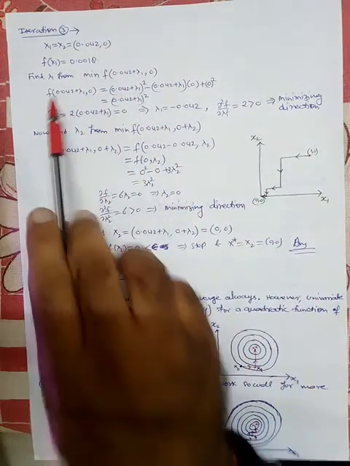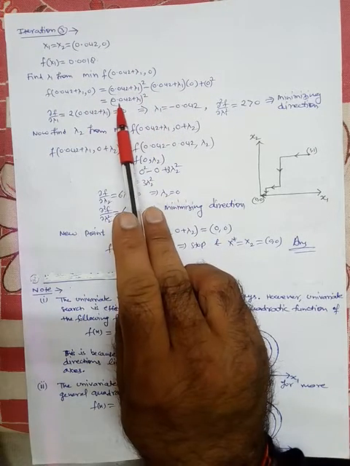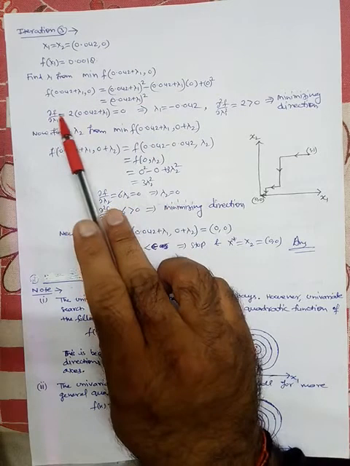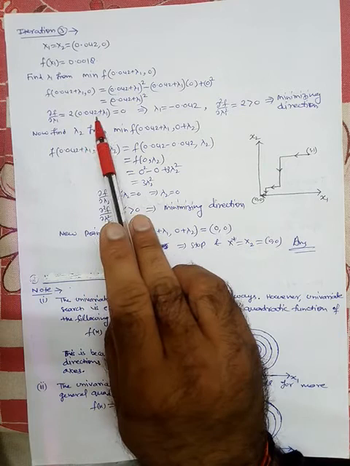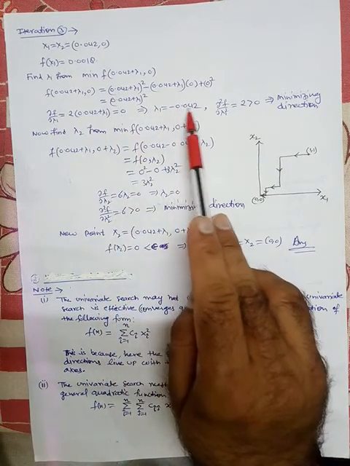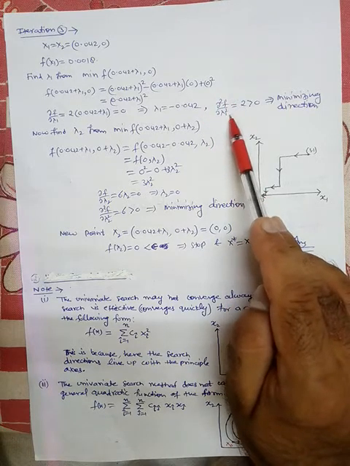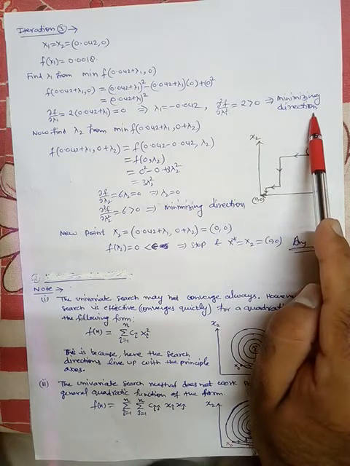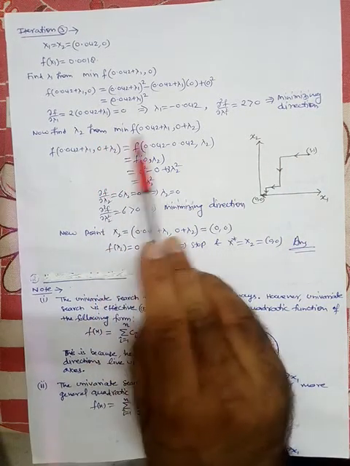So f at this point is 0.042 plus lambda 1 whole square. Now find lambda 1. So del f by del lambda 1 is equal to twice 0.042 plus lambda 1. This should be 0. So lambda 1 is minus 0.042. Now find the second derivative of f with respect to lambda. We get 2, which is a positive value. So minimizing direction.